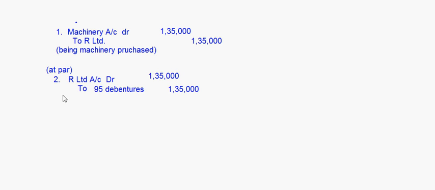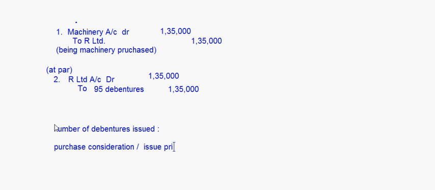First of all, how many debentures have been issued? Number of debentures issued is basically the formula I gave in the last session, that is purchase consideration divided by issue price, right? So what is the purchase consideration in this case? It is 1,35,000 divided by 100.